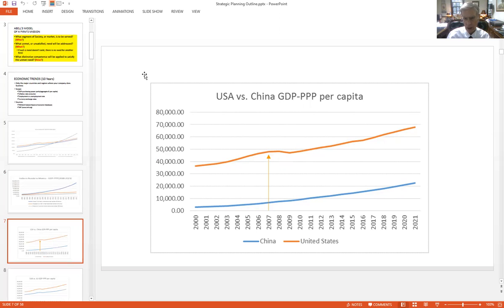So here in the US, there's greater consumption potential than in China. You and I can buy more for ourselves than residents of China, generally speaking. So whereas the size of China's economy is larger than the US economy, the wealth of people in this country is greater than the wealth of people in China.